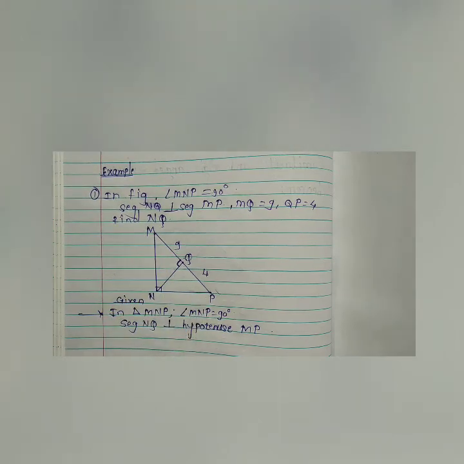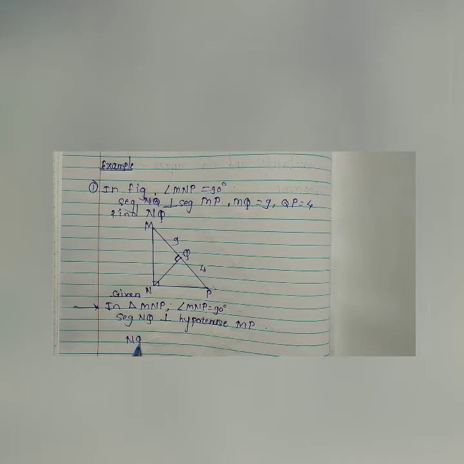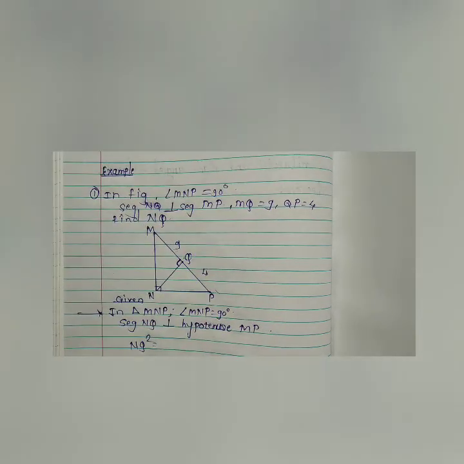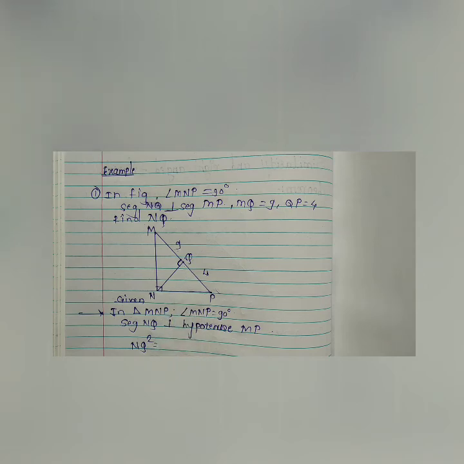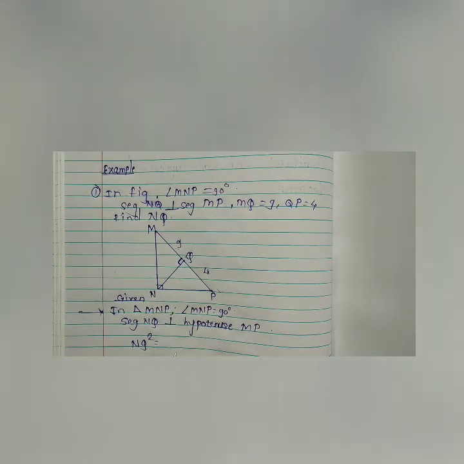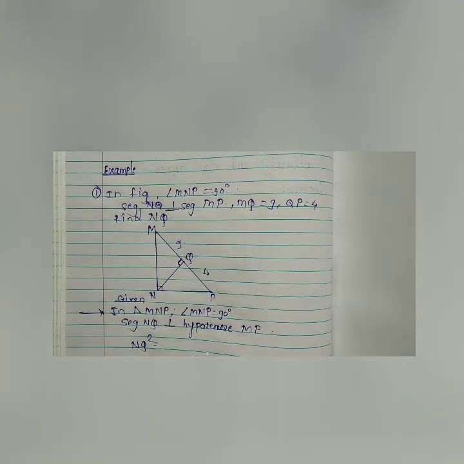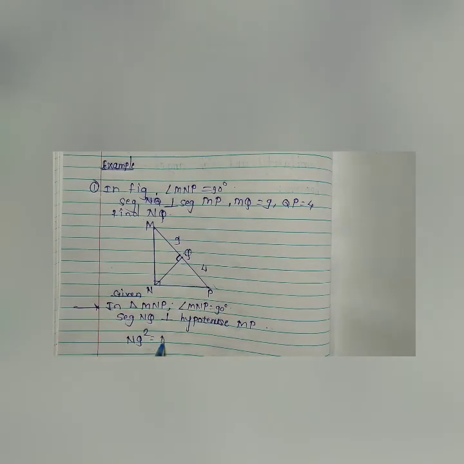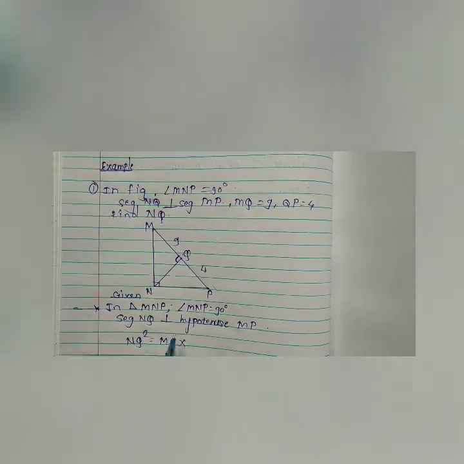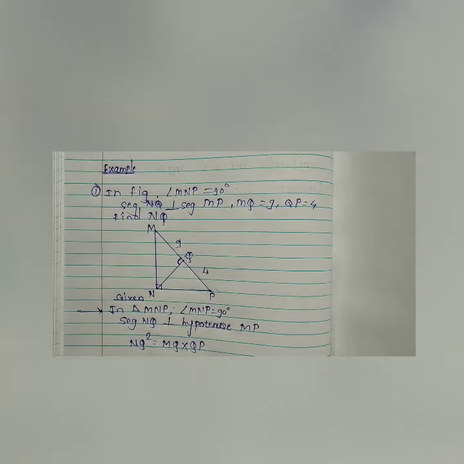Here MP is the hypotenuse, NQ is the segment perpendicular to hypotenuse MP. Therefore NQ square is equal to the product of MQ into QP, the segments into which the hypotenuse is divided.